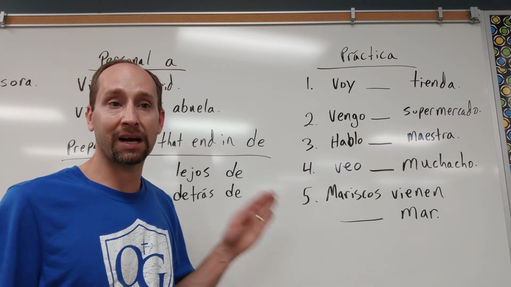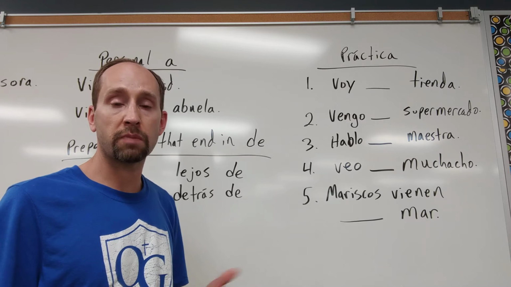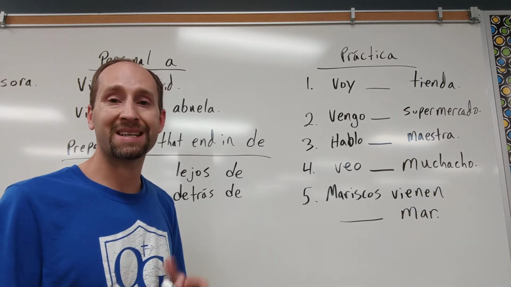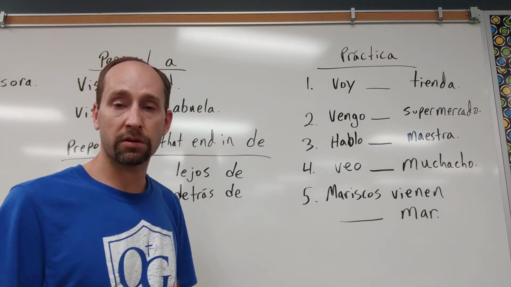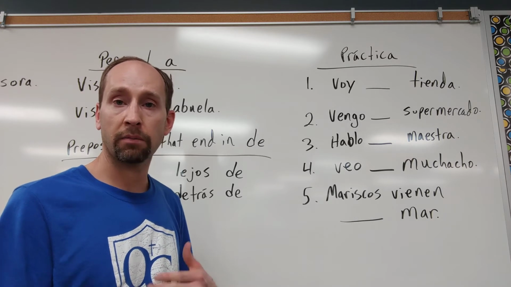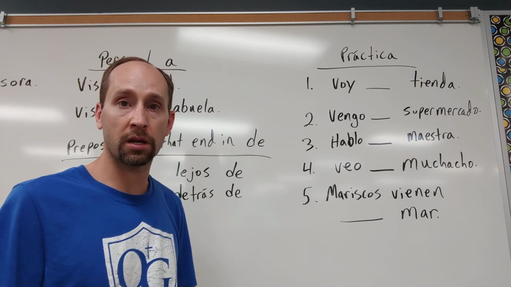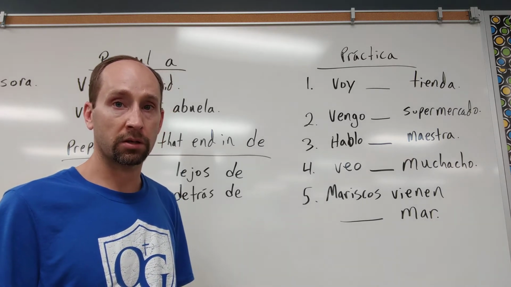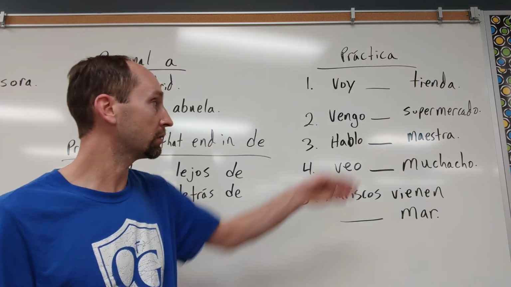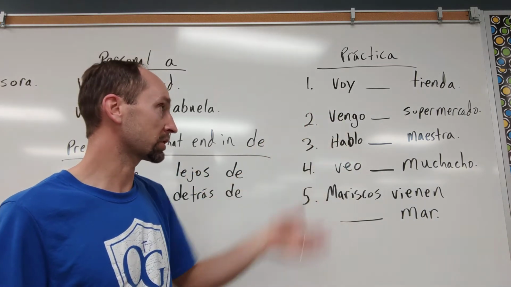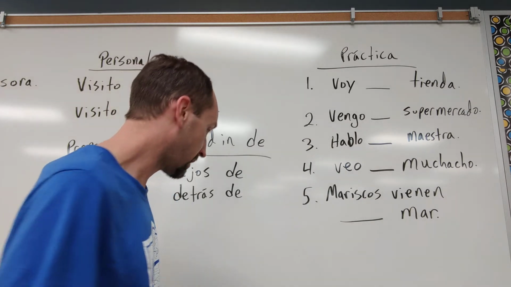And keep in mind if you had a and el together, you'd make the contraction al, and if you had de and el together, you'd make the contraction del, but those words would not contract with any of the other articles. Okay, so if you want to do a practice, just pause the video and give these a try here, otherwise we'll explain them and go over the answers right now.